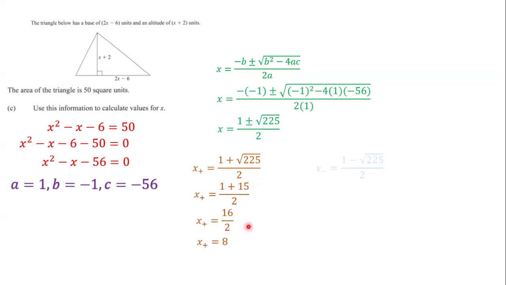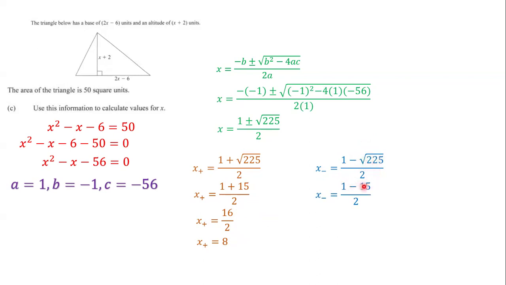But what about x negative? X negative basically means that we need to take this negative sign and put it in between these two numbers. That's what x negative means. So we put the negative sign here. And the square root of 225 is still 15.